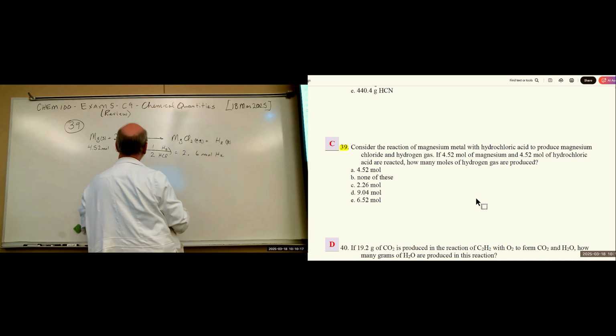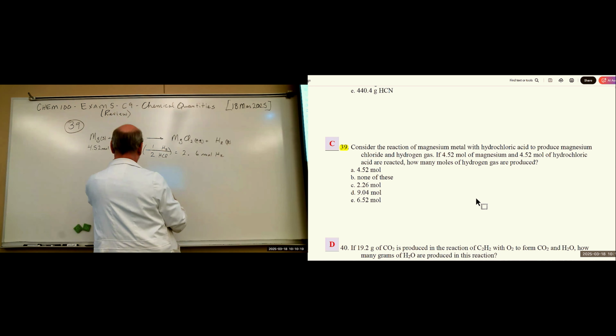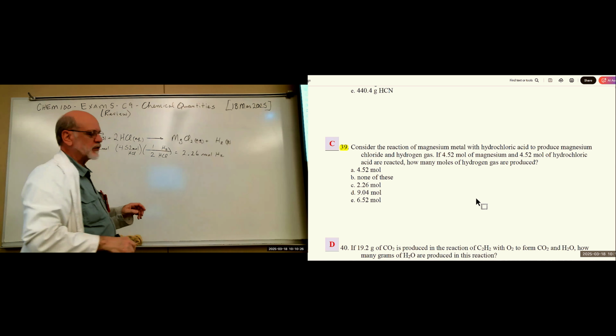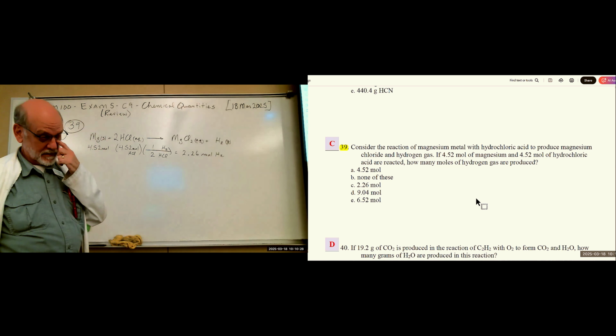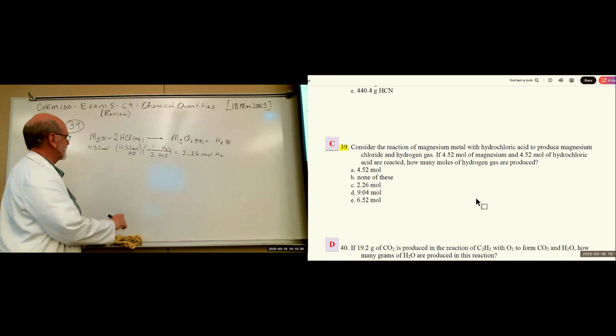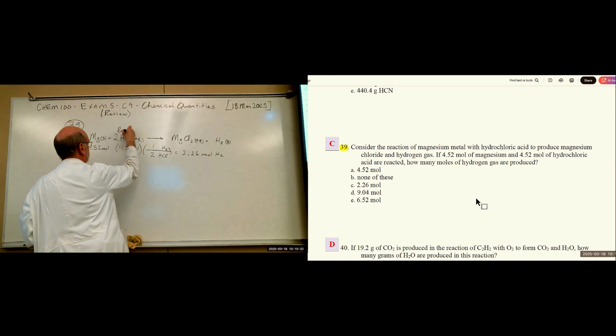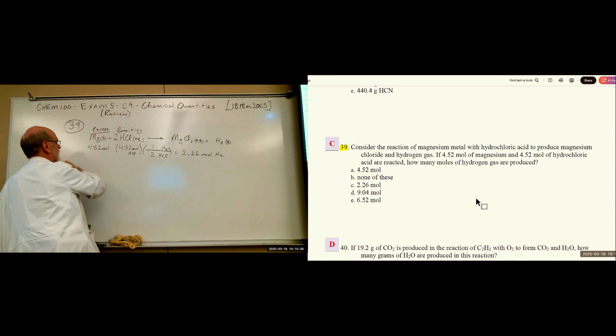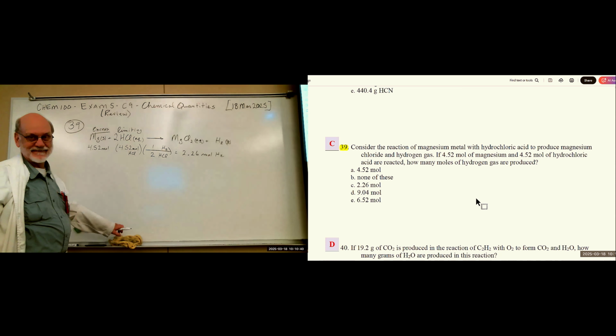I tried to do that in my head and it didn't work. 2.26 moles of hydrogen. We had to find out the limiting reactant. That makes this excess.